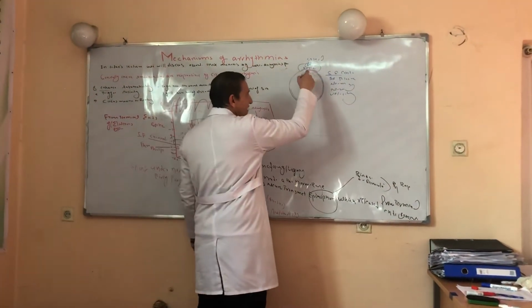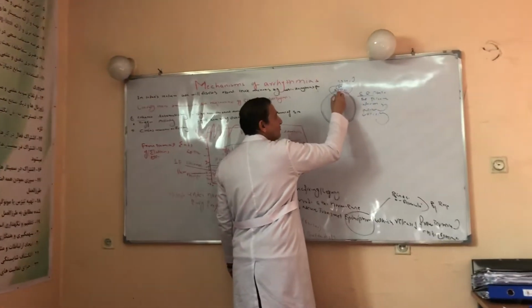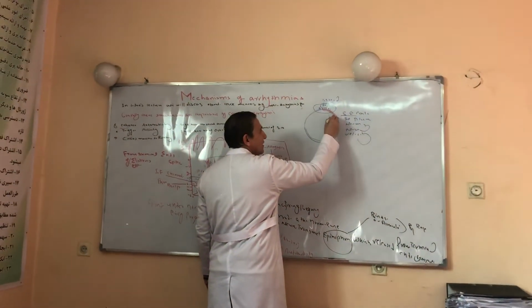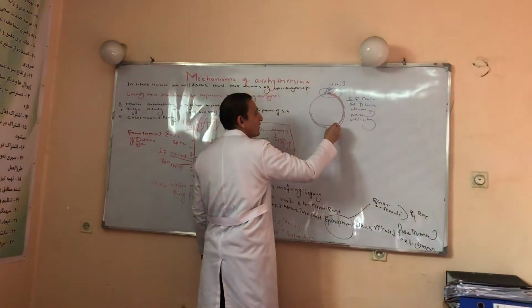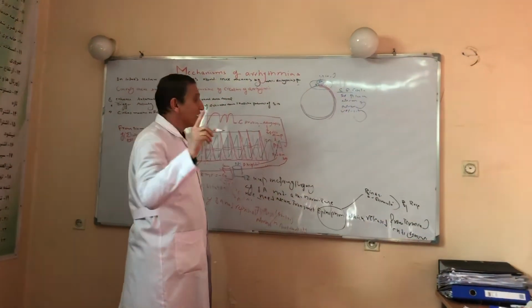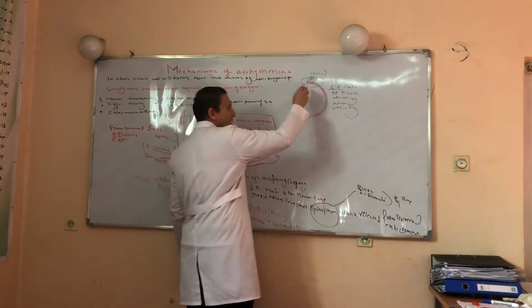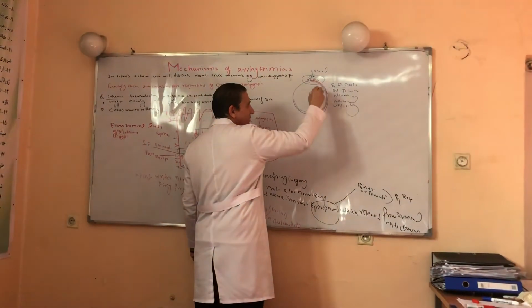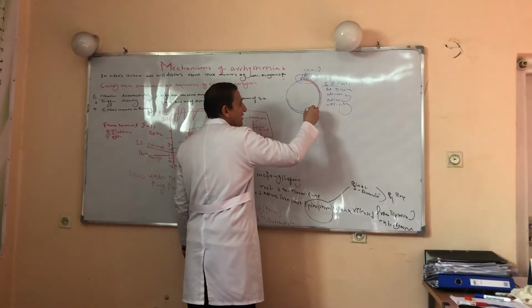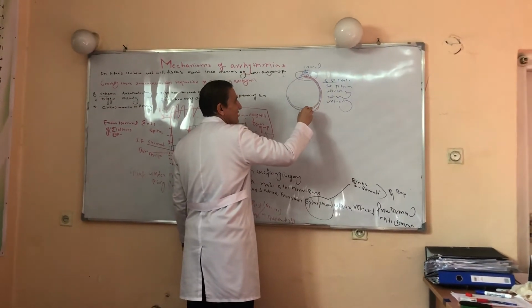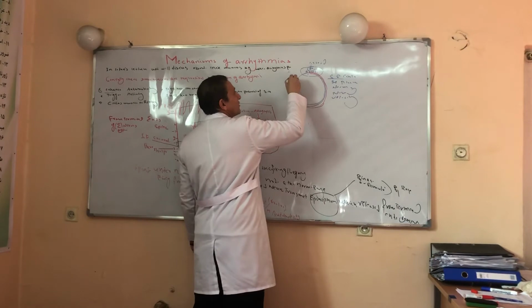Once it is stimulated, the electrical impulse moves in one direction. The electrical impulse is generated here and goes through the normal pathway with normal velocity, in one direction, until it finally reaches that point.